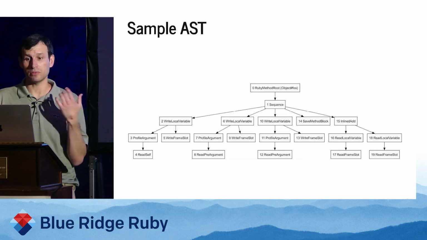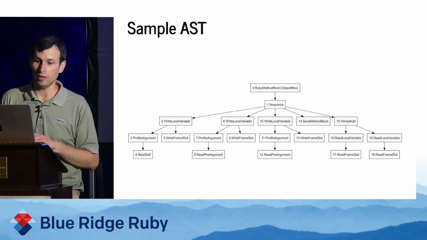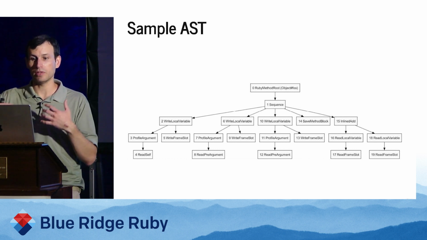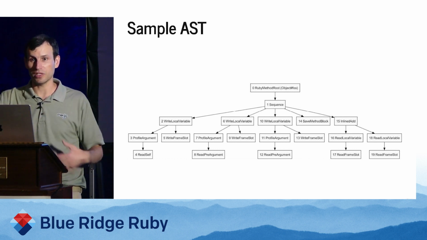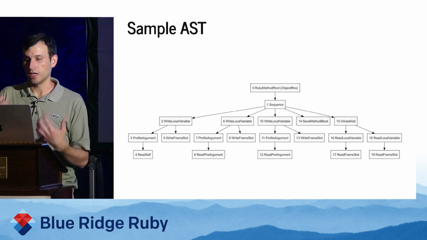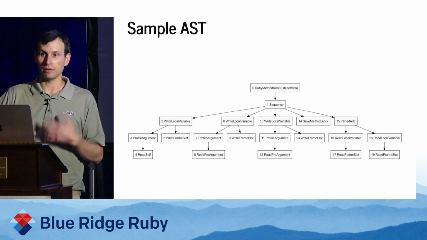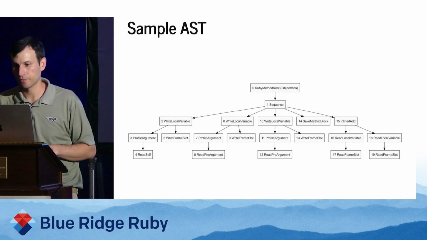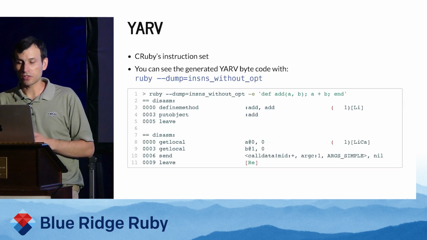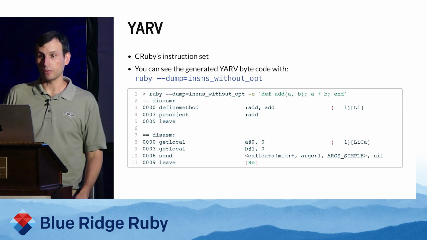By way of example, this is some of the AST output. I don't expect you to read it, but you can see that it looks nothing like Ruby code. This is a tree structure, and you might be able to understand why it's easier for an application to iterate over and execute this. The YARV instruction set is something you can actually play with if you want.